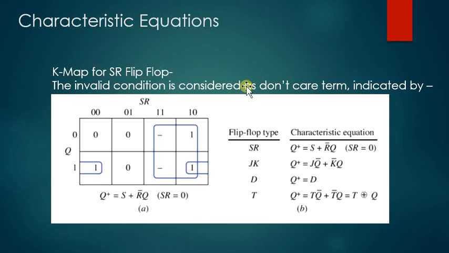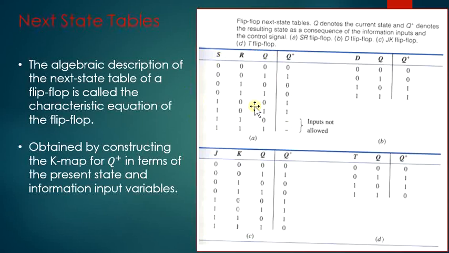So here is the Karnaugh map for the SR flip-flop, which is shown here in figure A, and to indicate the invalid condition, we have considered them to be the don't care terms shown as a dash. So in this particular Karnaugh map, we have used the function table which is indicated here, wherein S, R and Q are considered as the variables and Q plus is considered as the output.